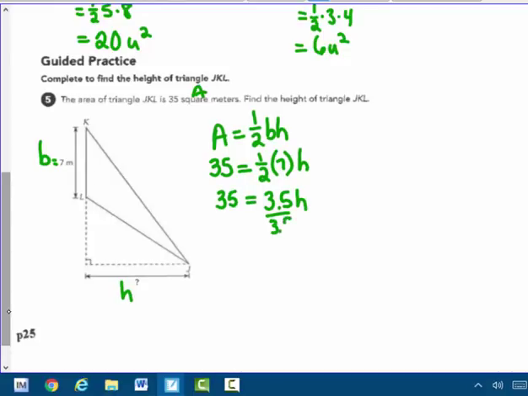Divide by 3 1/2. Well, 350 divided by 35 is 10. 10 equals that height. 10 meters equals that height. So we can problem solve if we're not given both base and height.